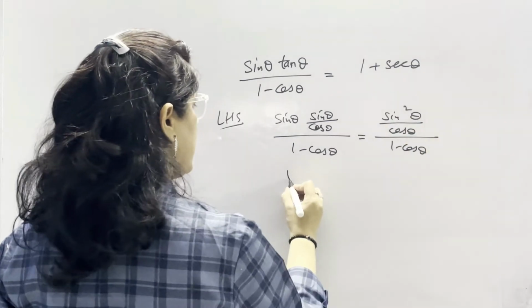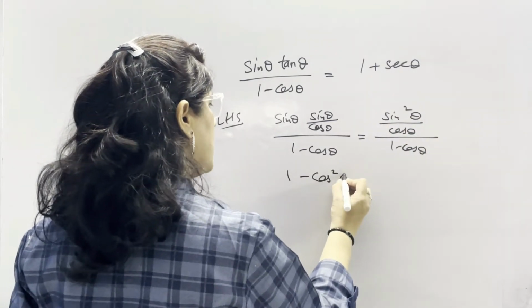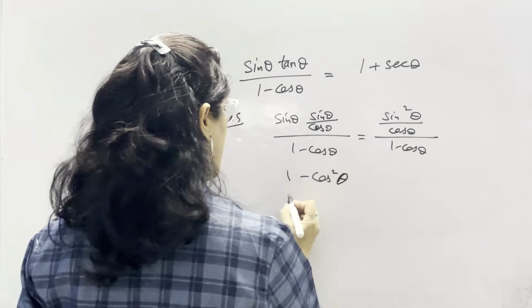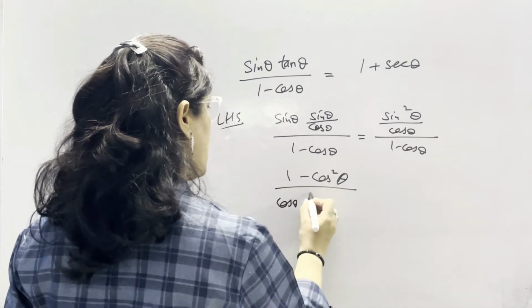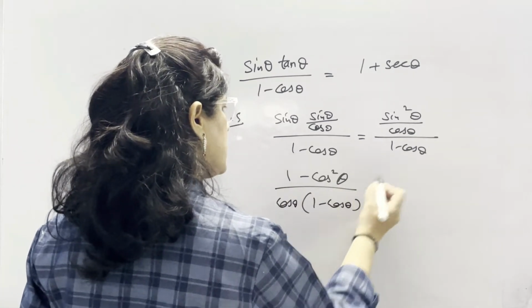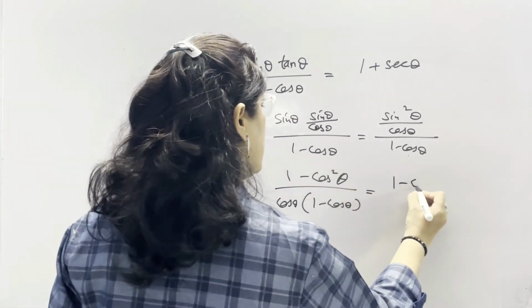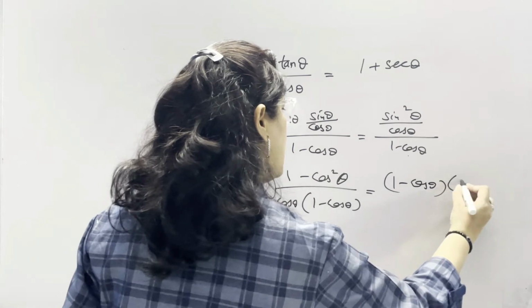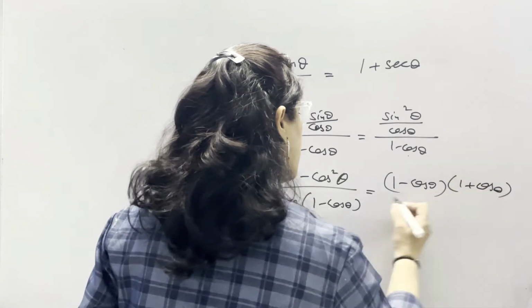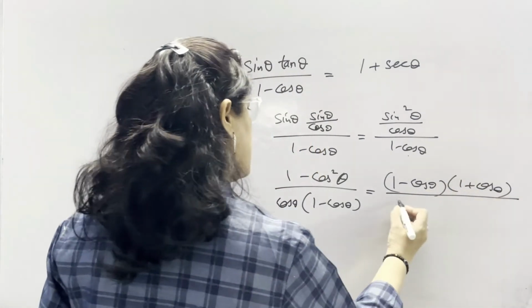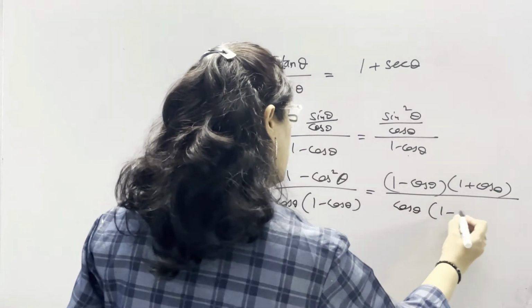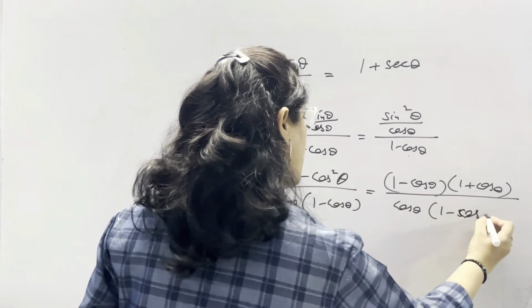Sin square theta, we can write as 1 minus cos square theta. And cos theta in the denominator and 1 minus cos theta in the denominator. 1 minus cos square theta, we can write as 1 minus cos theta, 1 plus cos theta, a minus b, a plus b. Then cos theta, 1 minus cos theta.